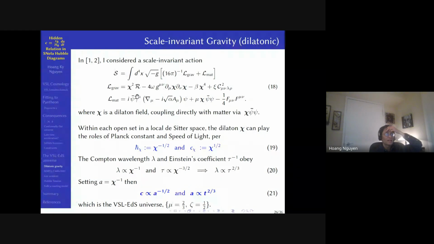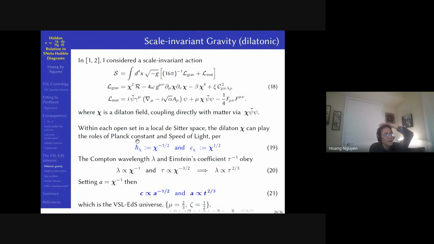Now this action is scale invariant, and the dilaton field is now coupled directly with the matter field. So this is kind of a non-minimal coupling between matter and gravity, right? Because now matter is coupled with gravity not just through the Jacobian term, the determinant right here, but also to chi as well.